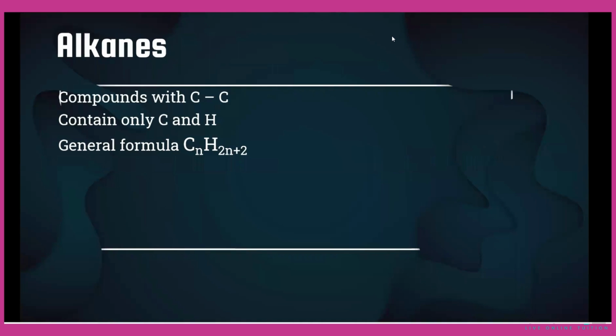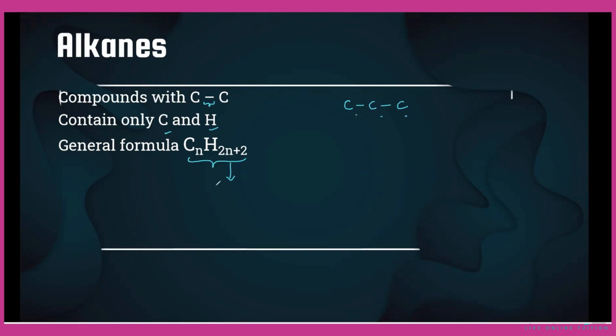Let's now move ahead to study our first type of functional group in the homologous series. Alkanes are compounds with carbon-carbon single bonds, an important thing. They contain only carbon and hydrogen, and their general formula follows CnH2n+2.